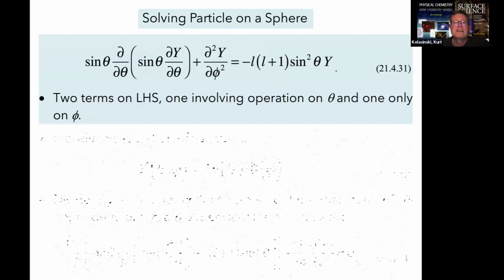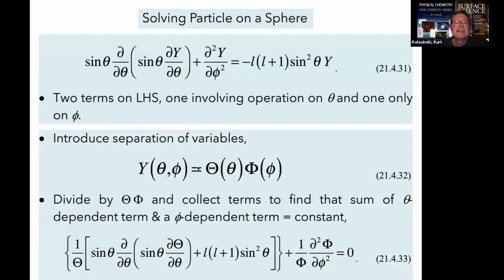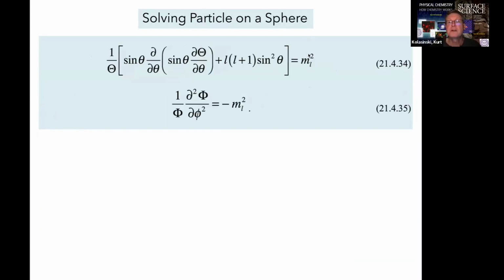Oh, very nice, because then we could again introduce separation of variables and introduce this substitution, collect up two terms, and what we find is we end up with one term that only depends on theta, one term that only depends on phi, and again, two terms of different variables can only add up to zero if one term is equal to a constant and the other term is equal to the negative of that constant.